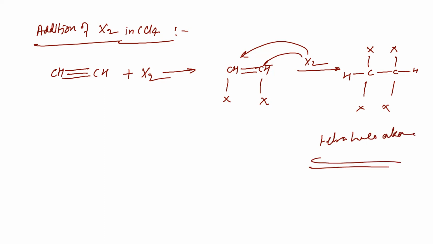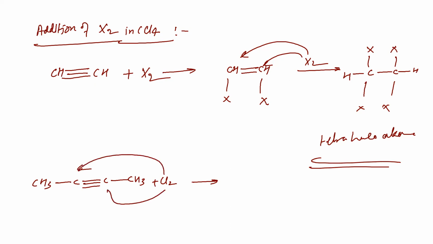Let me tell you another one. Suppose we are taking CH3 C triple bond C CH3 and we are dealing with Cl2. So what compound are you going to get? Here the halogen is going in CCl4. In the first step it is going to give the trans alkene.